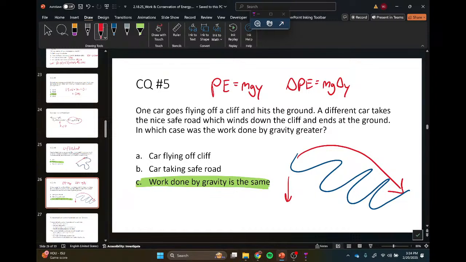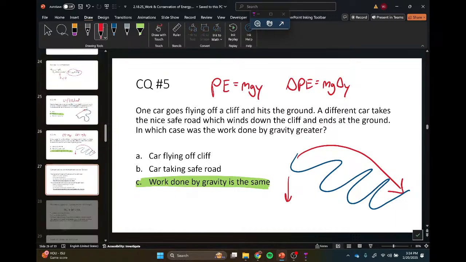I don't care. All I care about is where you start and where you end. And that's the work done by gravity. Whereas friction, you have to do F delta x cosine theta. There is no shortcut, there's no simple equation for the work done by friction. It is the work equation. So that's the difference here.